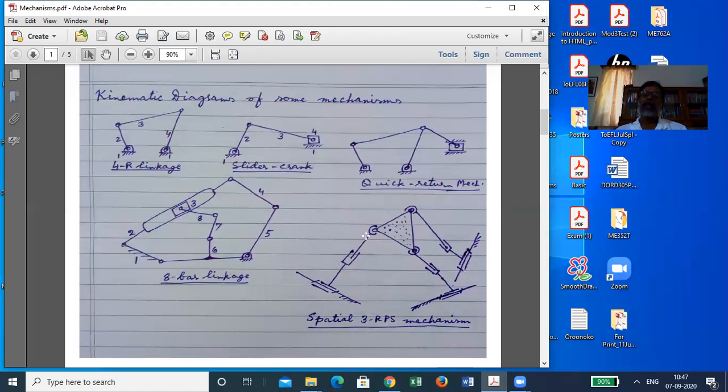The extension of the slider goes and makes a spheric pair with this top triangular platform. So that is RPS. And 3 such RPS arrangements hold this platform at the top.